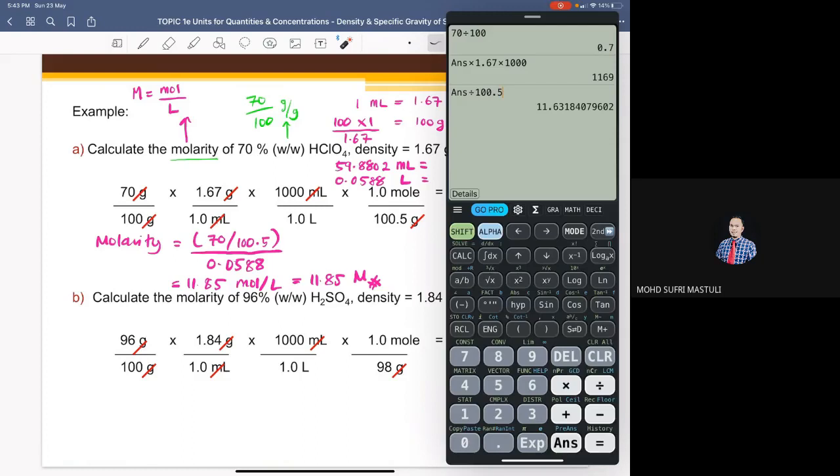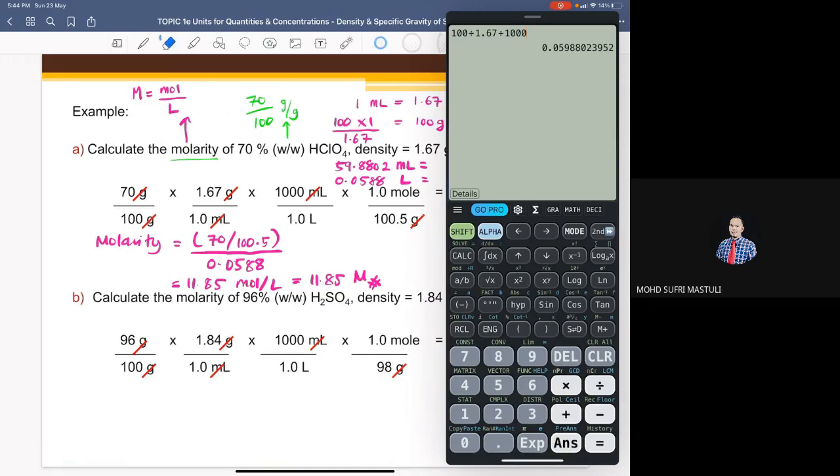Sorry, 100 over 1.67, and then 1 liter over 1000.